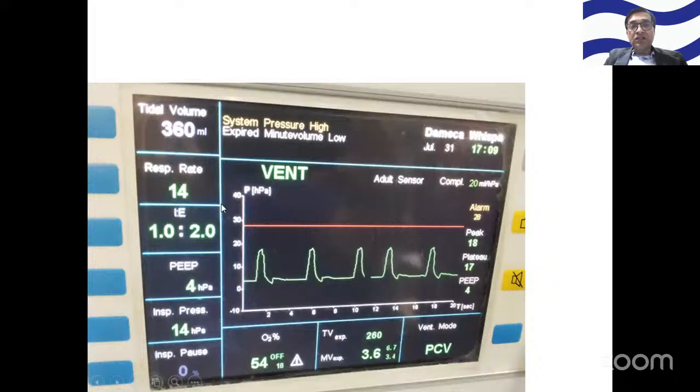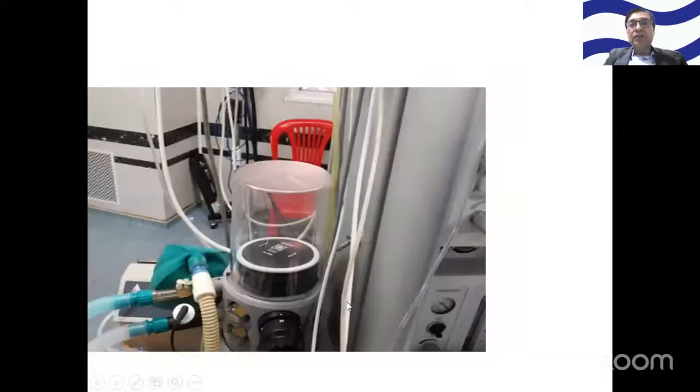When we saw the ventilator, we saw this kind of waveform. This waveform is not the proper ventilating waveform, and this patient was being ventilated in PCV mode, roughly trying to get a tidal volume of 360. The delivered, or expiratory, tidal volume was 260, right? So when we saw that there is a discrepancy, and an expiratory minute volume low alarm was also coming, we saw the bellows were leaking, right?